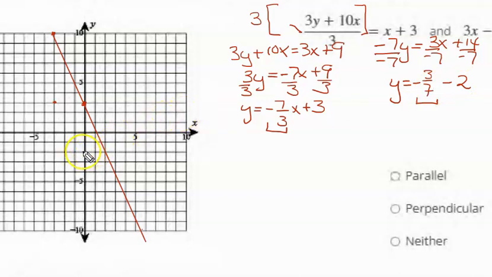So at a -2 dot there, and again, this is going to be 7. 1, 2, 3, 4, 5, 6, 7, right there. And now up 3. 1, 2, 3.